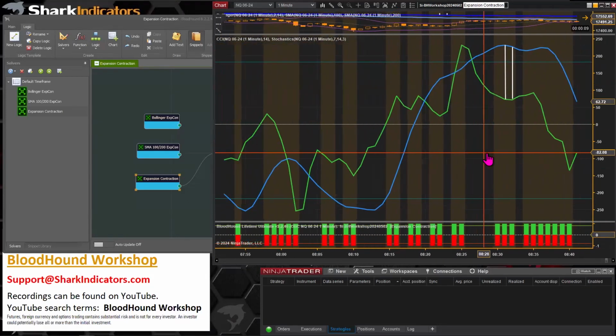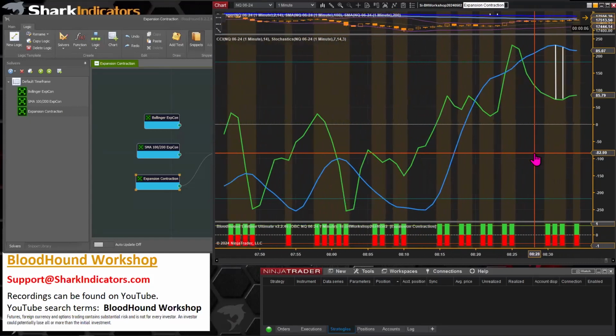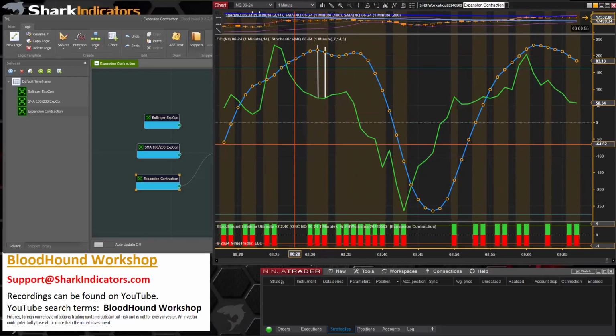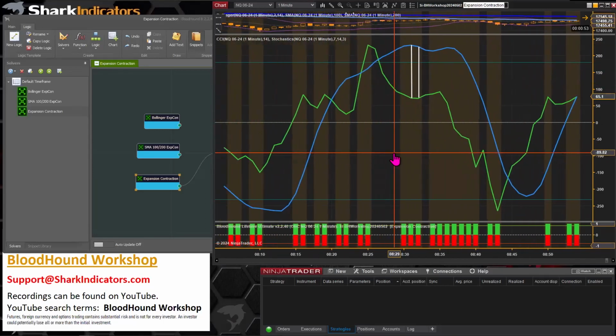Now again, if I move this from side to side, obviously the indicators move off of these lines here, but still, this is a good visual here.